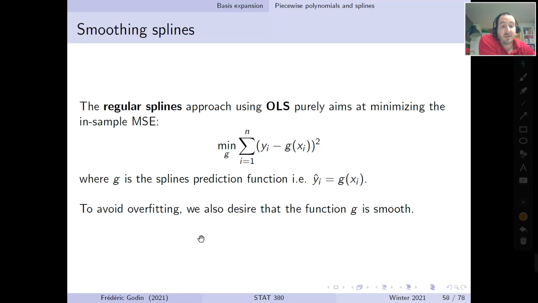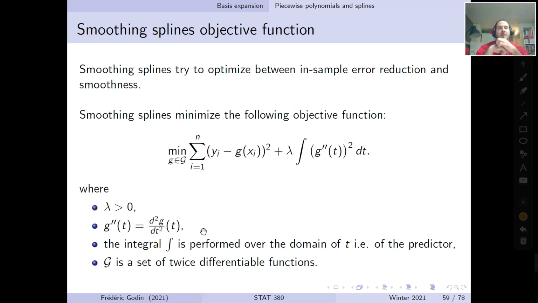But maybe we need additional constraints or a penalty on lack of smoothness, so as to not get erratic behavior like this and have a more slowly varying prediction. So instead, it's possible to use what we call smoothing splines, where we use another objective function to be minimized when we form the predictions.